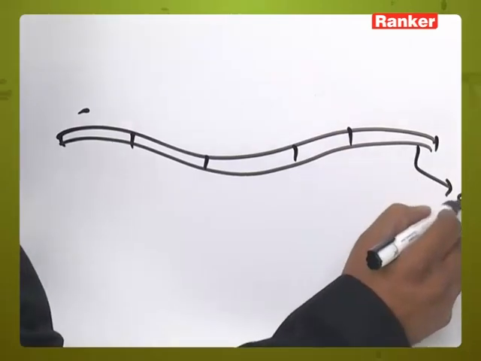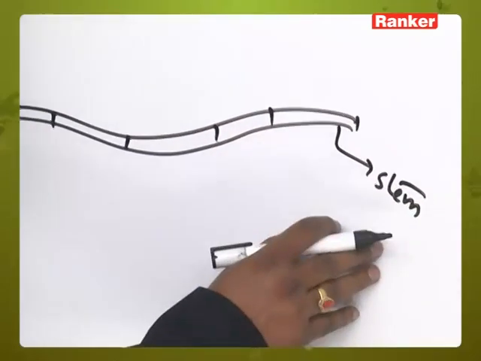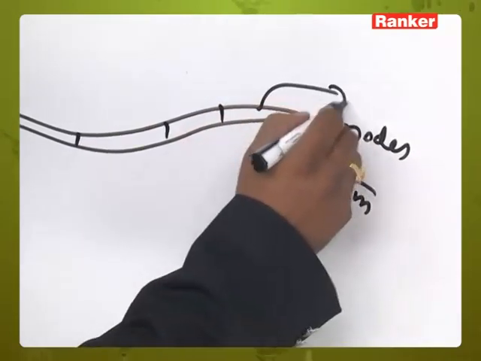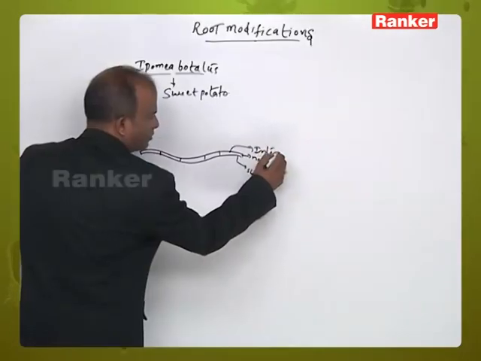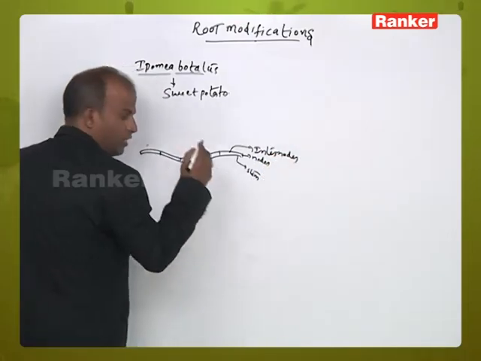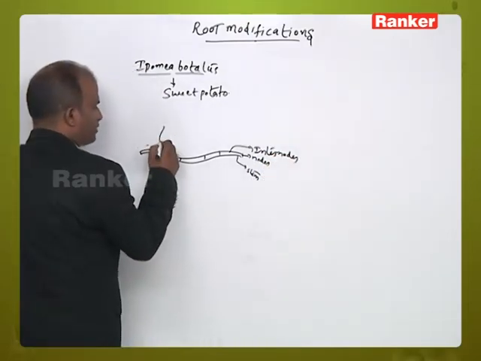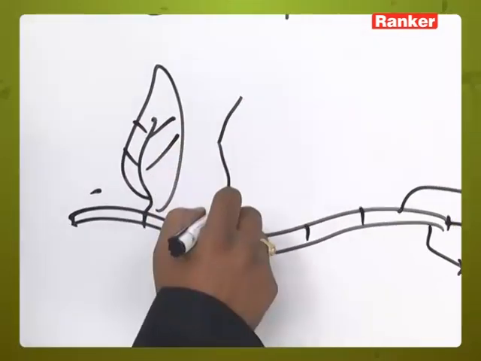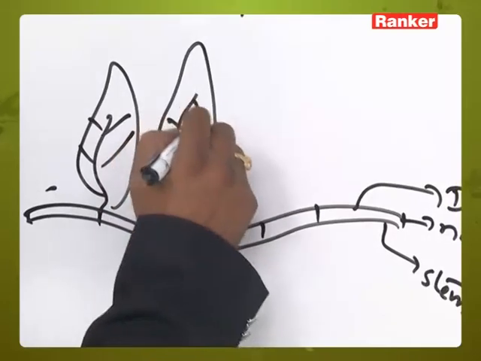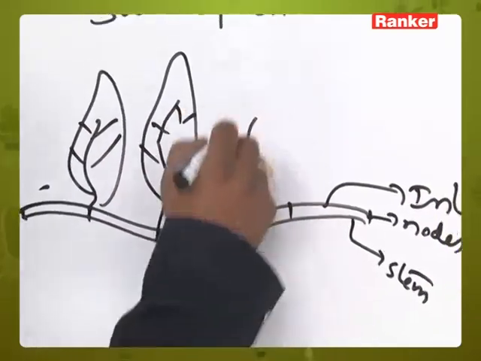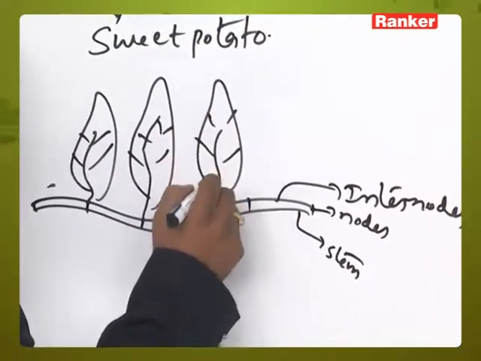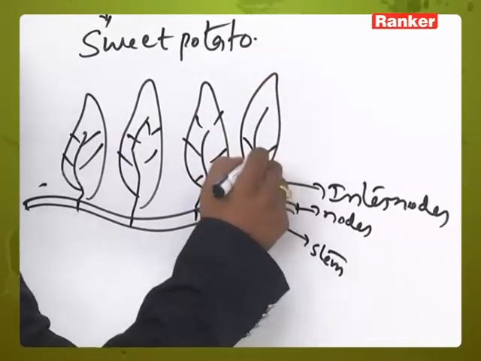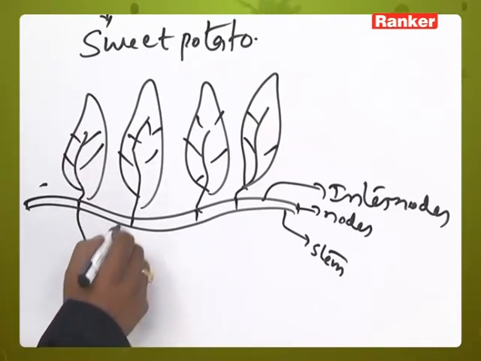At the apical portion of the node, the leaves are growing, like this. And what happens towards the basal part of the node? The basal part of the node gives rise to adventitious roots.